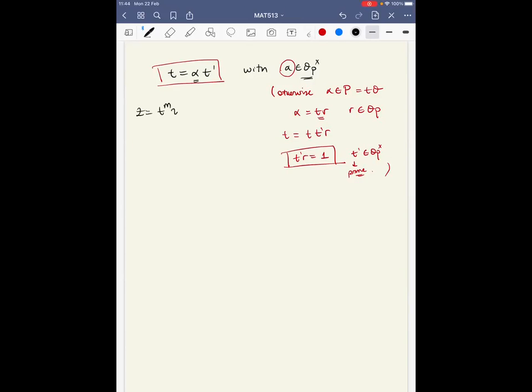Then, if we consider the representation of z as t to the m times u, and if we write this equality in this equation, we can represent t in terms of the other prime element t prime.